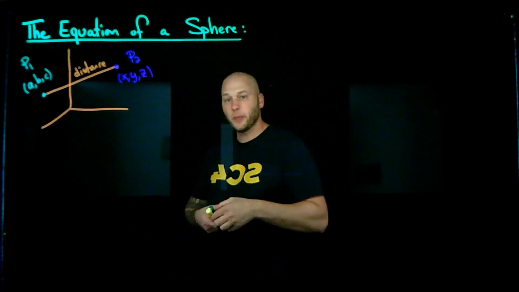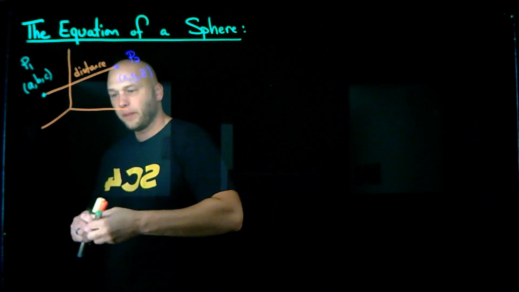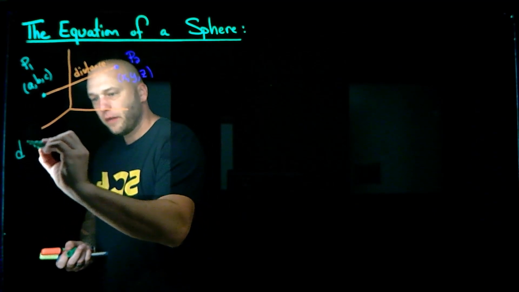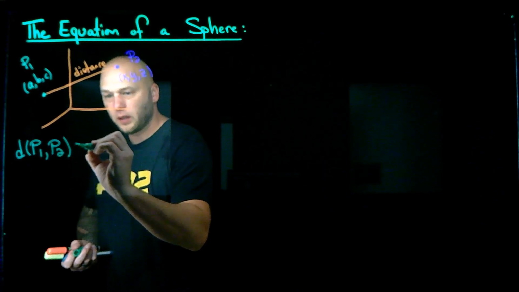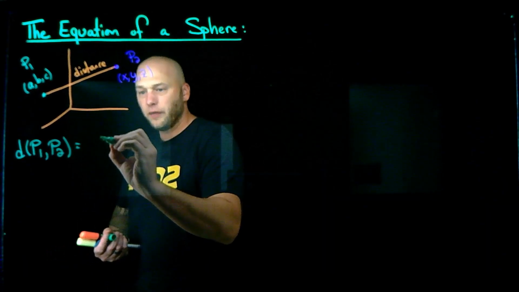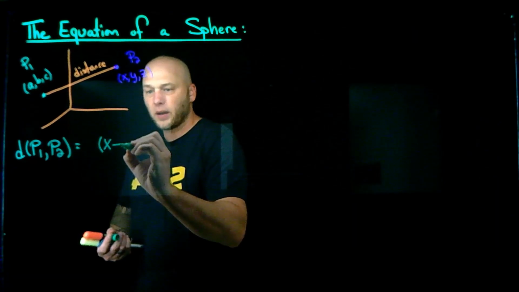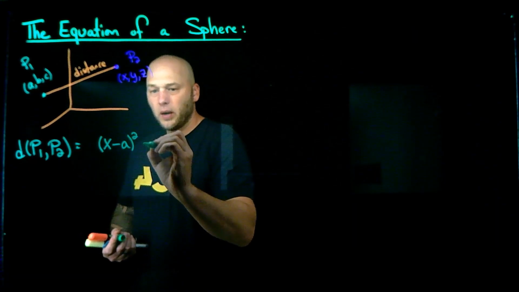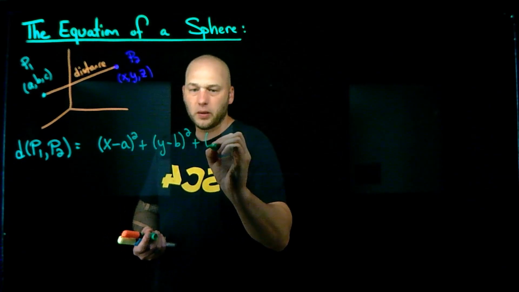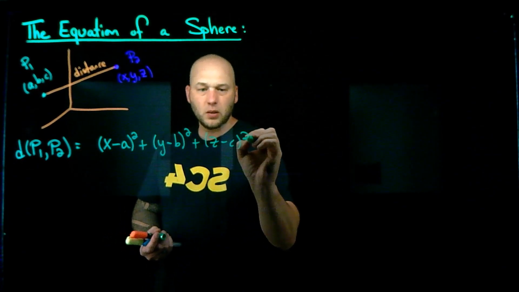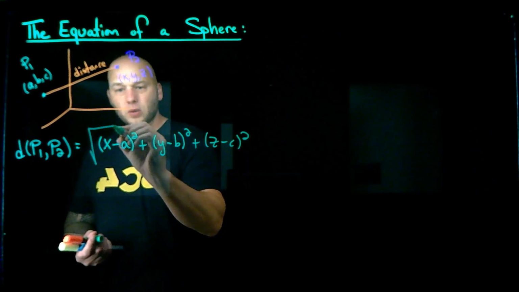Then the distance between those is given by the following. The distance from P1 to P2 is, I take the difference of the corresponding components, so x minus a squared plus y minus b squared plus z minus c squared, and that's all under the square root.